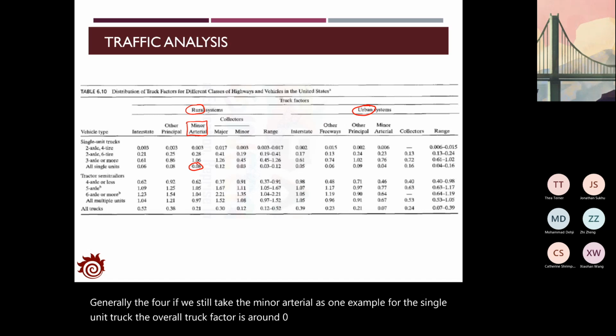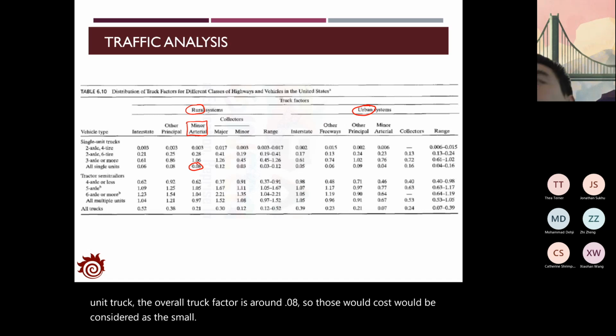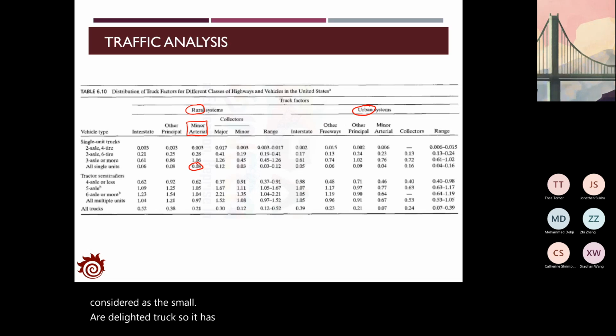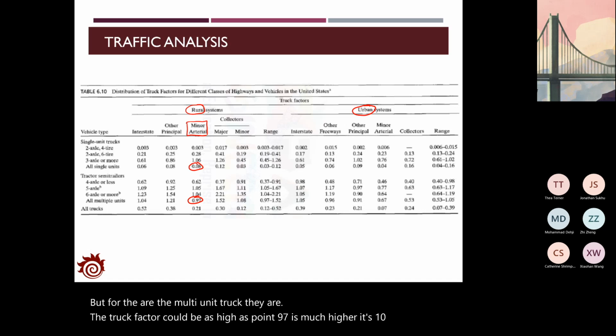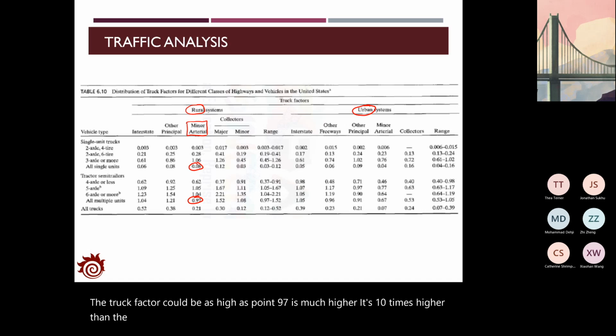So those would be considered as the small or light trucks, so they have less impact on the pavement structure. But for the multi-unit truck, the truck factor could be as high as 0.97. It's much higher, 10 times higher than the single unit truck. So they have more severe impact as the major cause of failures of the pavement structure.